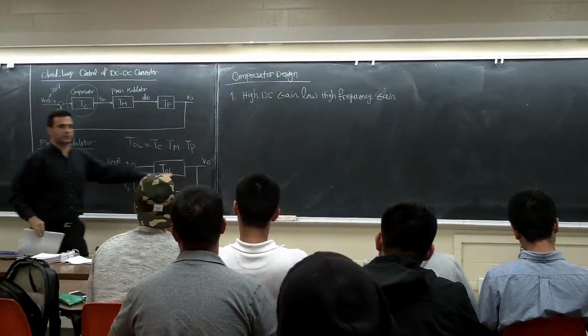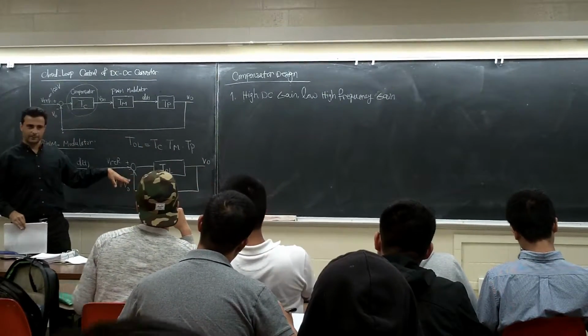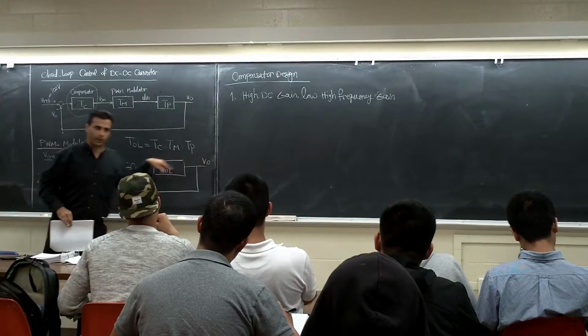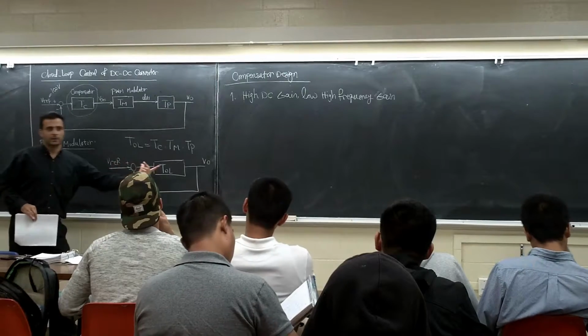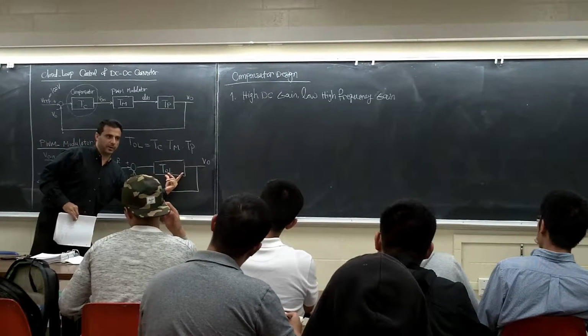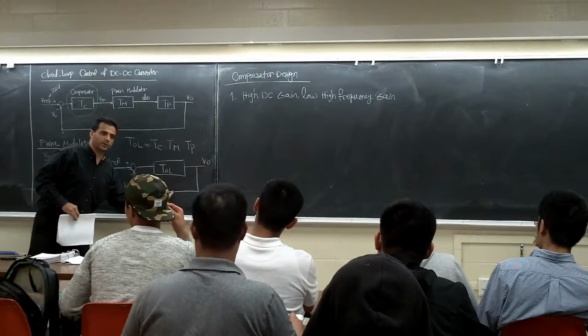Open loop means just get rid of this loop, right? That's what they call TOL, T open loop. If you didn't have feedback in the system, this one was the transfer function of the system. Open this loop.